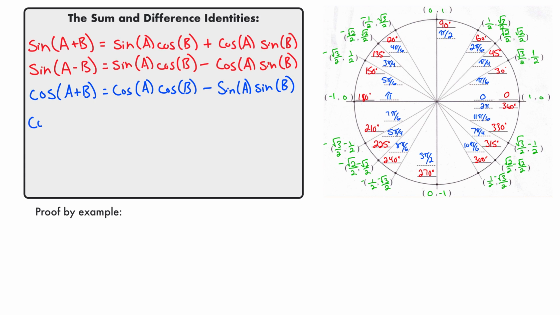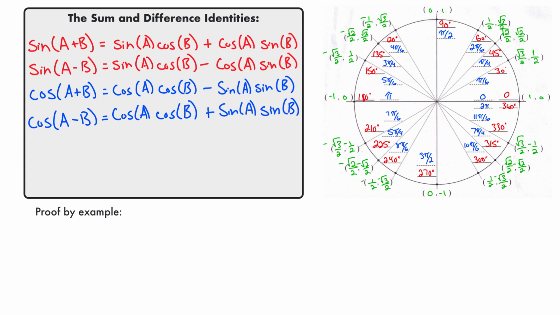So I'm going to go over cosine of the angle A minus the angle B. That will be equal to, again, same trig functions in the same order. Cosine of A, cosine of B, but now it's going to be plus the sine of A times the sine of B. These are the 4 sum and difference identities involving sine and cosine.